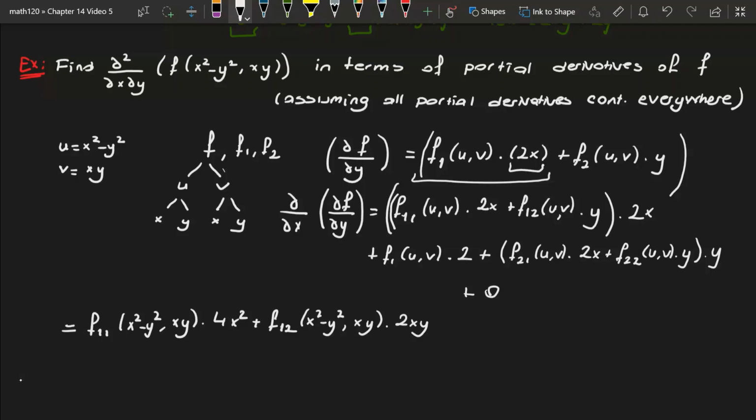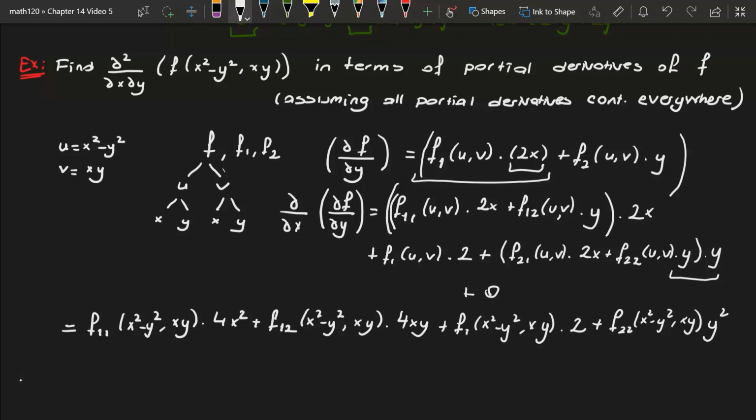Since mixed partial derivatives are equal, here you can just write 4xy, 2xy, f21 plus f1 of x squared minus y squared, xy times 2 plus f22 of x squared minus y squared, xy times y squared.